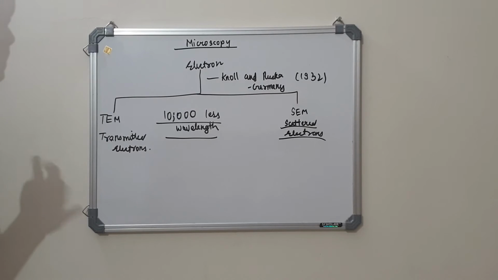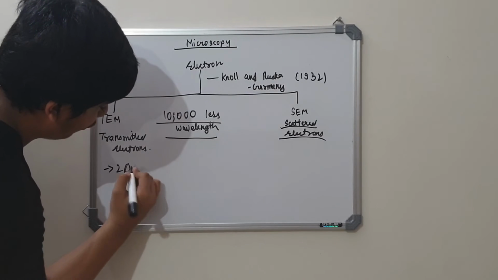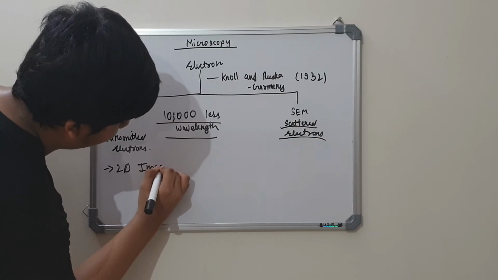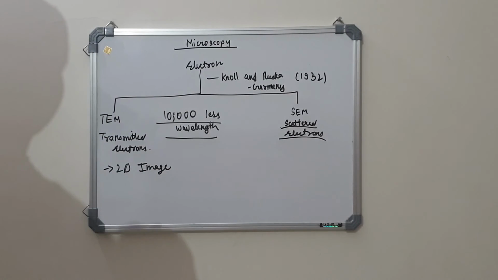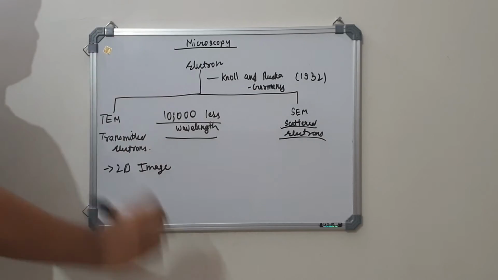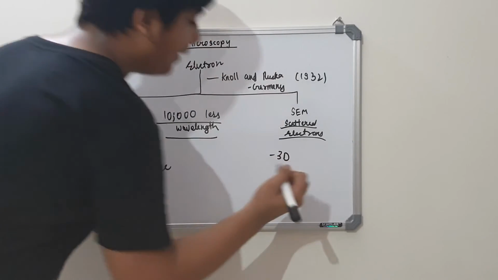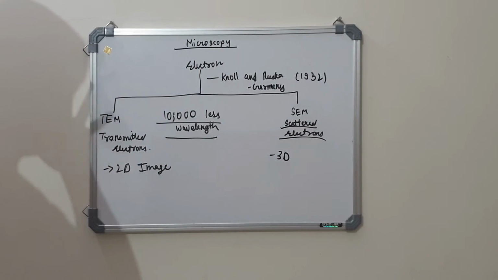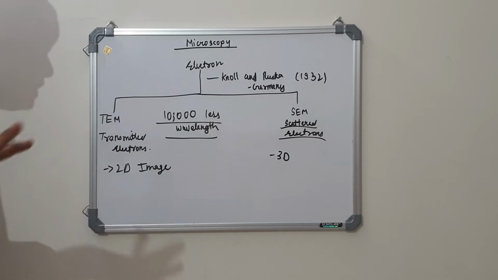The functions of these two microscopes, TEM and SEM, are very different from each other. TEM delivers a two-dimensional image of the object, because it is used to see what is beyond the boundaries of the cell, whereas SEM delivers a 3D image, but it is used to see the surface, the boundaries of a cell.